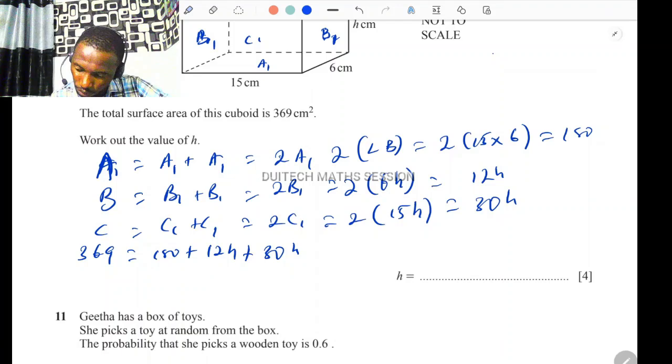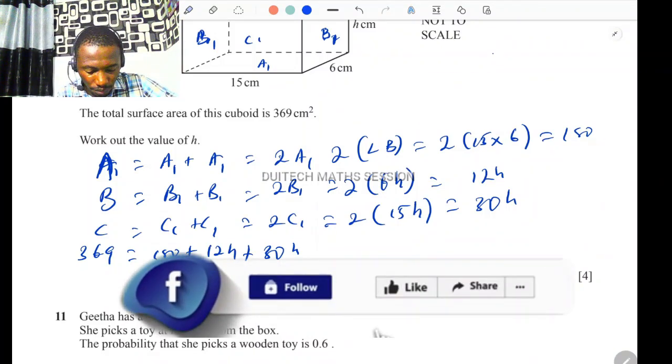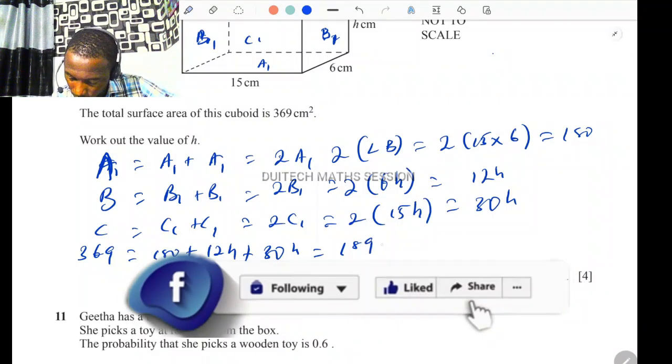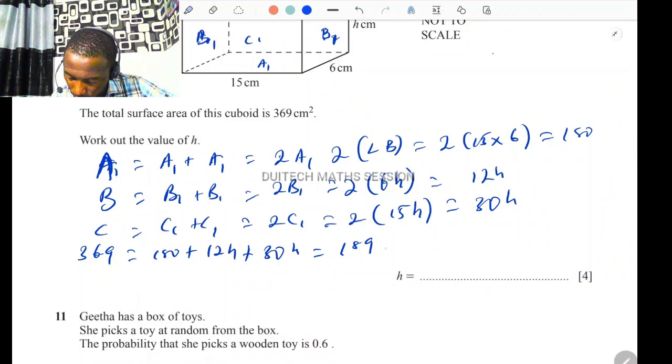So when you subtract 180 from 369, you end up having 189, which is equal to 42H.